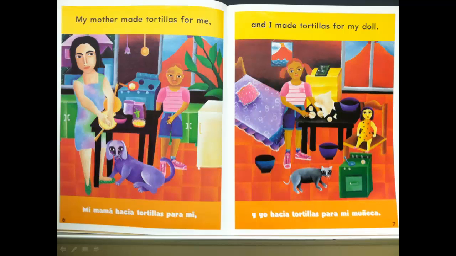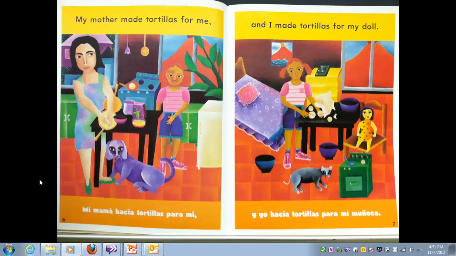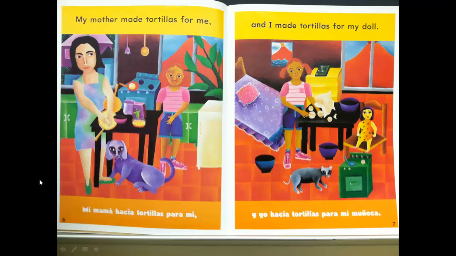All right. Well, before we change our page here, who are the story characters? Who are the characters in this story? Well, the characters are the women in this family.